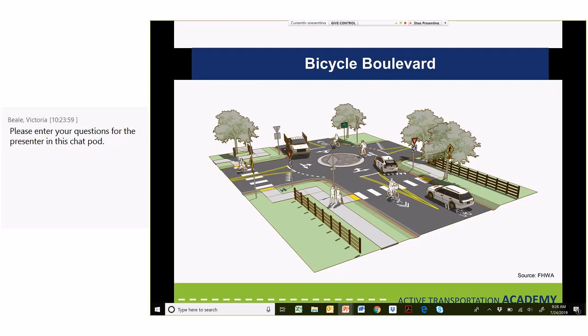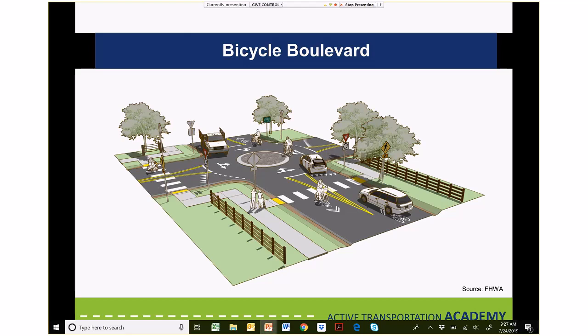I apologize for that, but we would show you a picture of what the bicycle boulevard would be like in this FHWA format. That way, if you're familiar already with accessing FHWA information, you are familiar with the way that they design their renderings, and you can use this in your own presentations and deliverables.